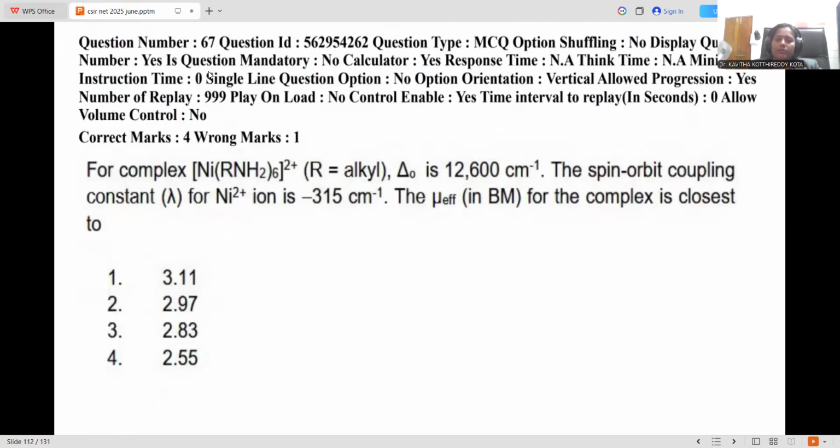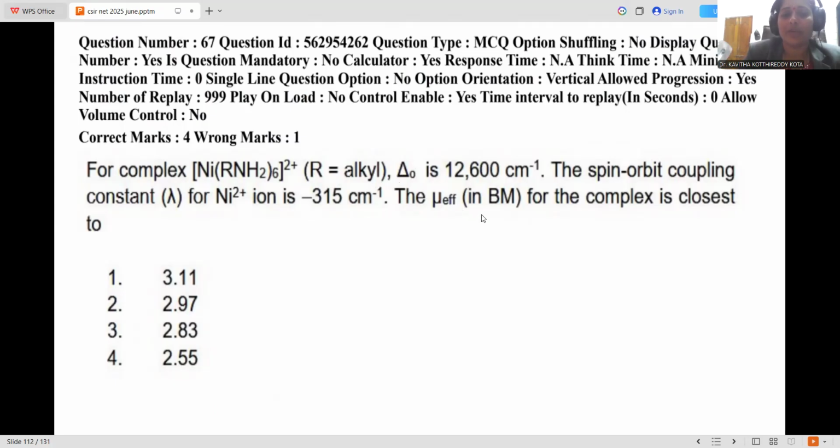Let me move on to question number 67. For the complex [Ni(NH2R)6]2+, R is meant for the alkyl functionality, and delta naught is indicated for the octahedral complex. The octahedral complex barycenter energy is provided as 12,600 cm⁻¹, and the spin orbit coupling constant, indicated with lambda, for the nickel 2+ complex ion is minus 315 cm⁻¹.